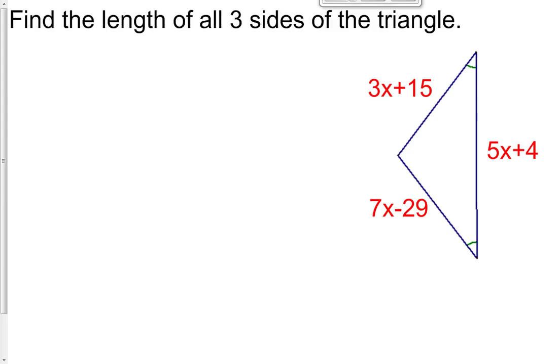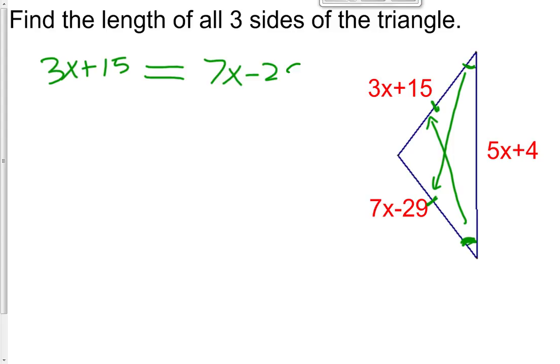We know it's isosceles because this angle is congruent to this angle, so we call those base angles. And opposite the base angles are the two congruent sides. So this length is congruent to this length. So the segments are equal to each other in an isosceles triangle. They are equal. So 3x plus 15 is the same length as 7x minus 29.